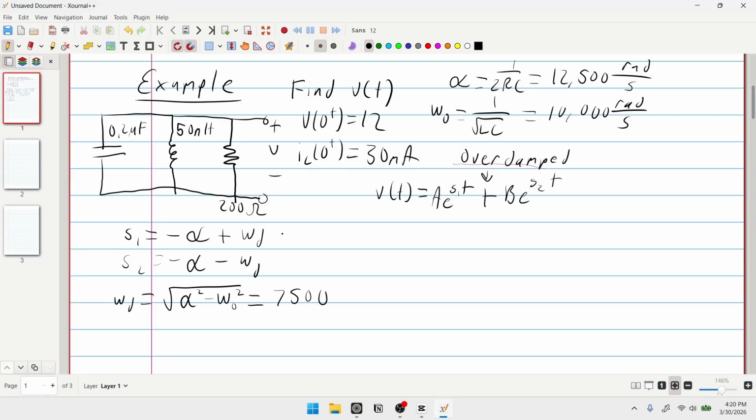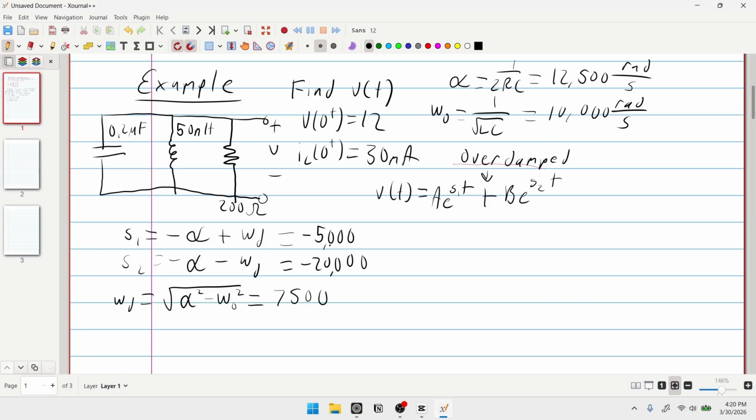So knowing that, we know that s1 is negative 5,000, and s2 is negative 20,000.